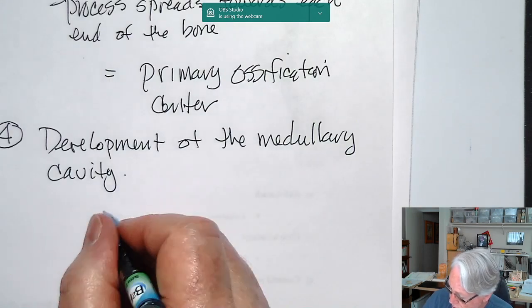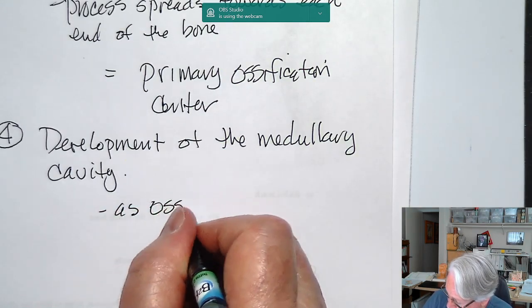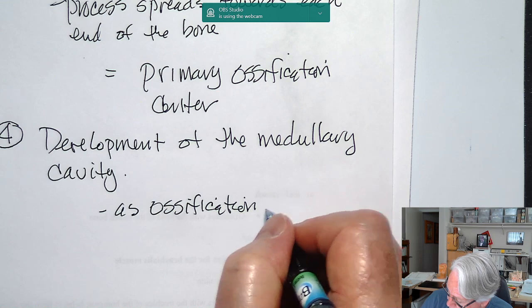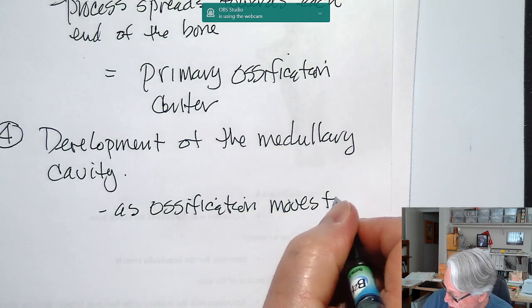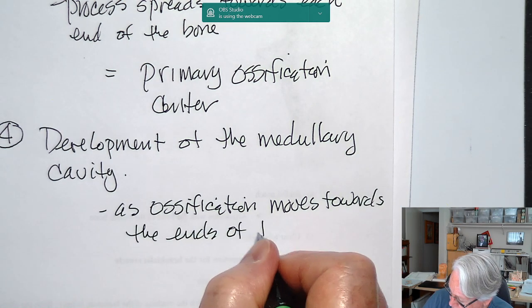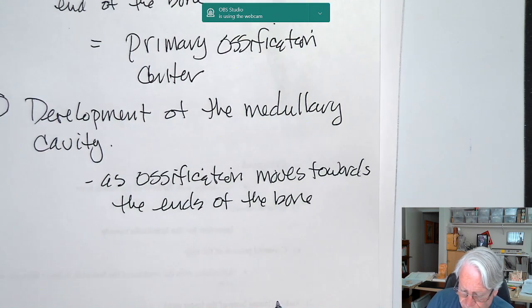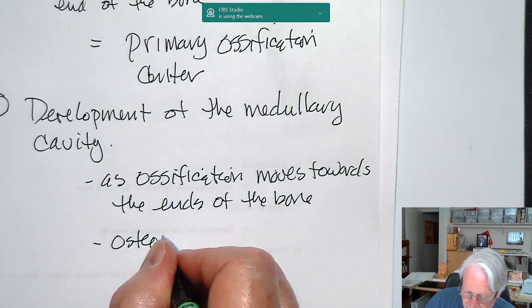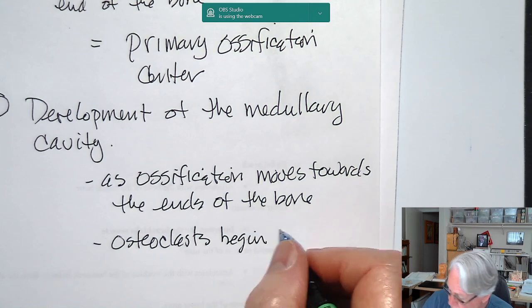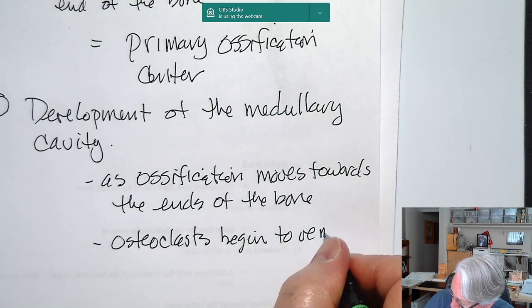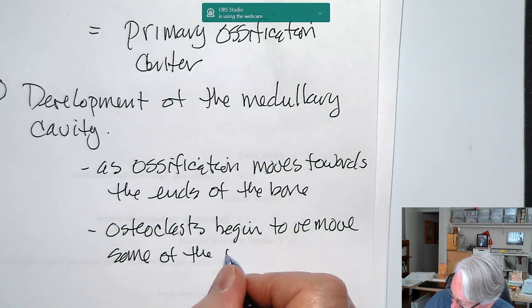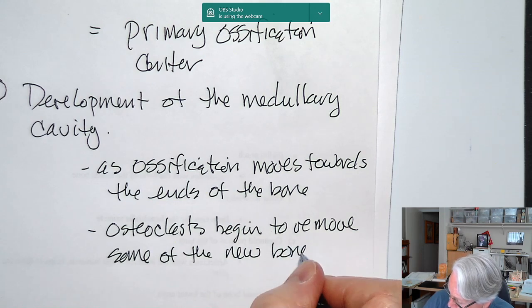As ossification moves towards the ends of the bone, osteoclasts begin to remove some of the new bone tissue.